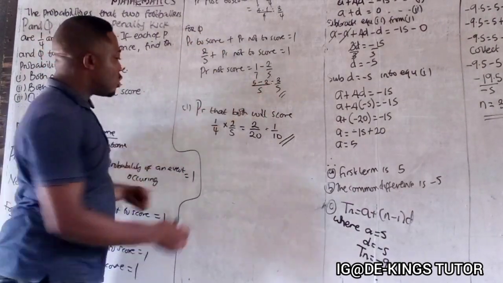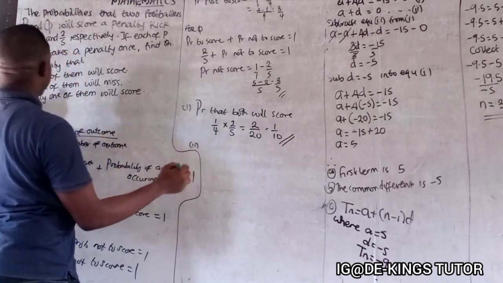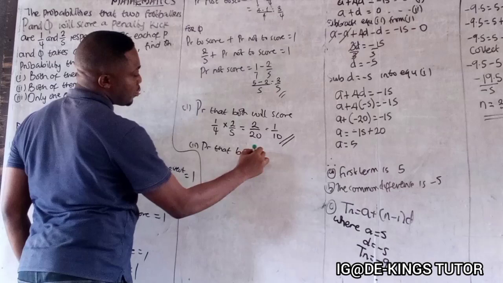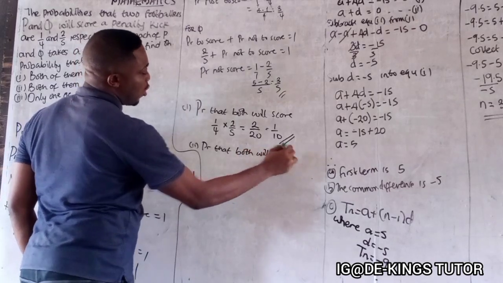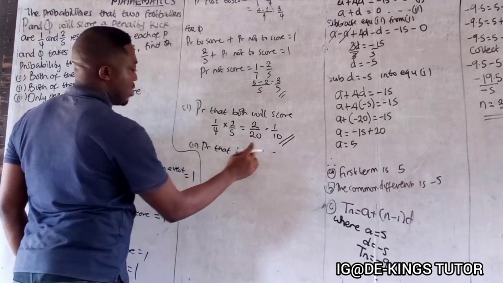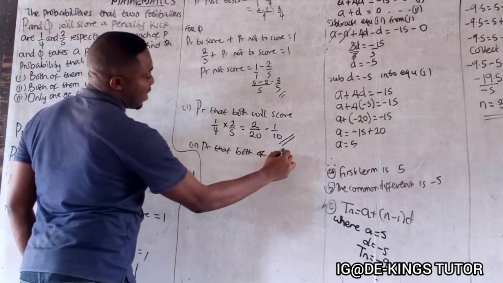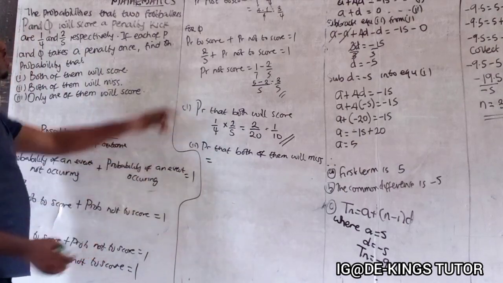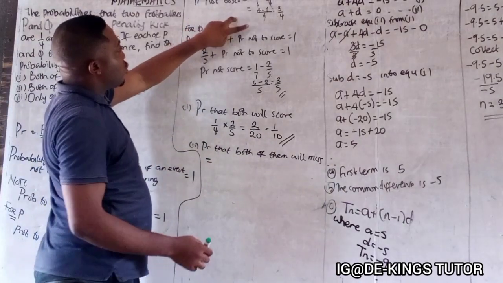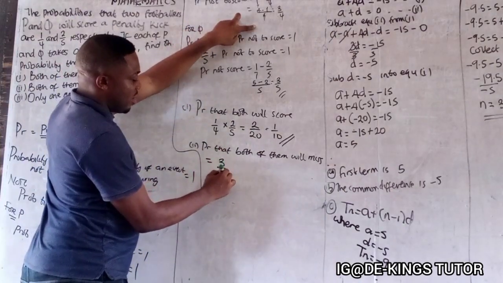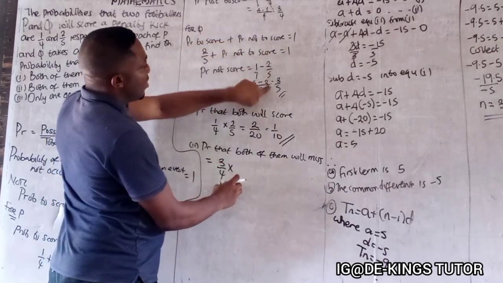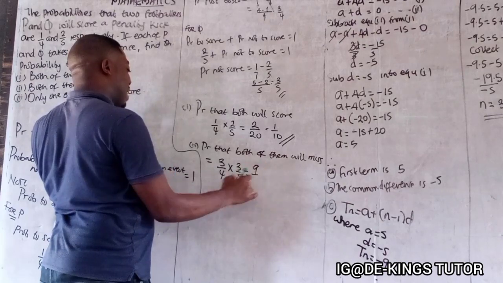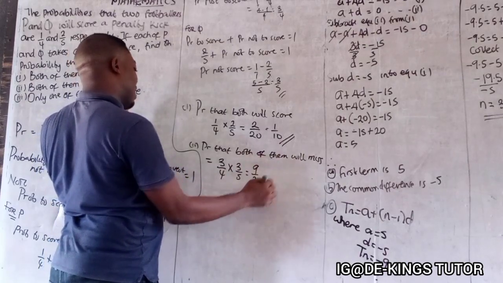So the probability that both will miss is equal to the probability for P not to score, 3/4, times 3/5. So 3 times 3 is 9, and 4 times 5 is 20. So you can leave it at this.